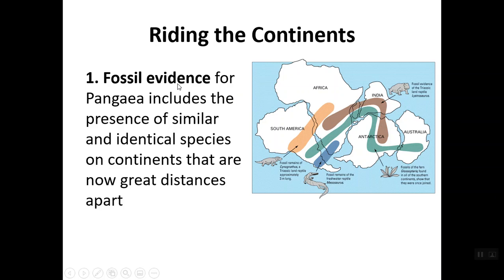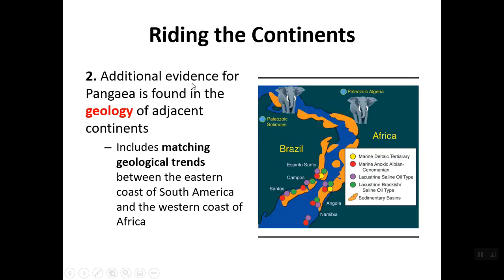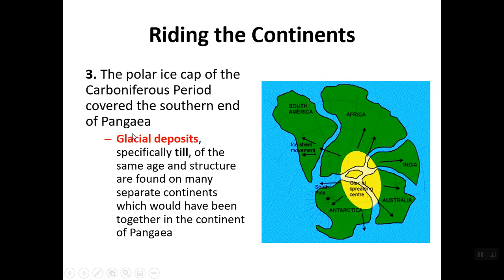But there is also a lot of geological evidence. For instance, geological trends have been studied, and geological trends refer to, for instance, glacier deposits, especially till, which is what's left behind after a glacier recedes.